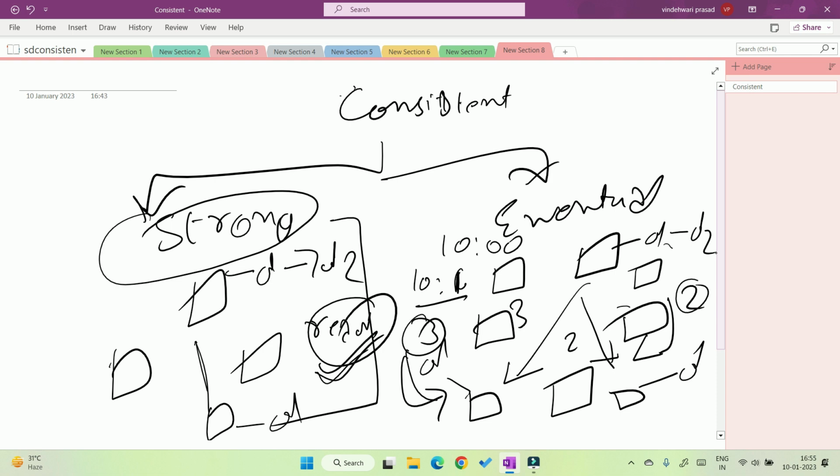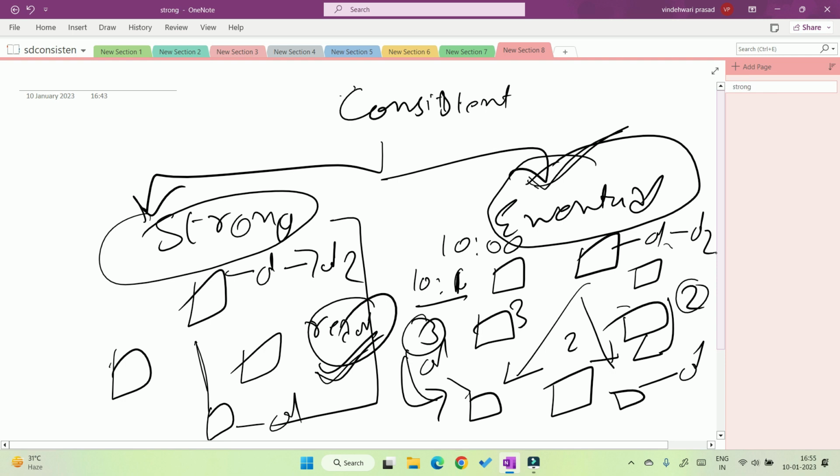I always said that there is one term, called availability. The social media which is always available mostly follows eventual consistency because it has to be available every time. So to be available every time, they have to follow eventual consistency for a few seconds.